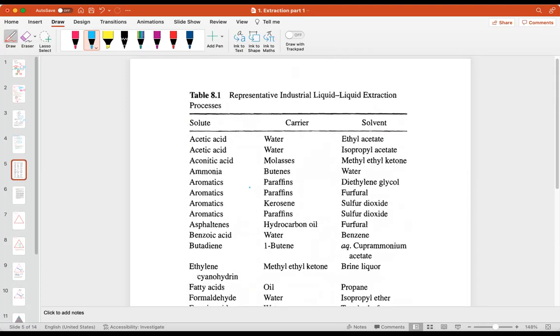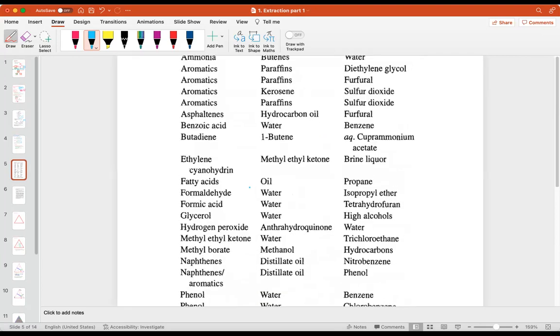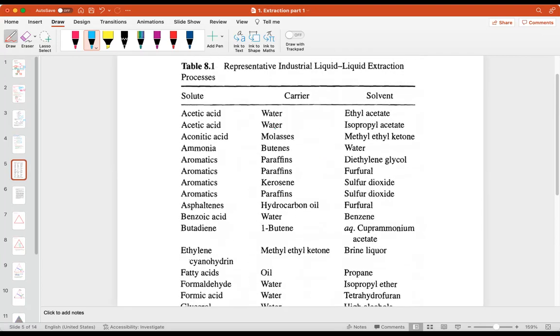The industrial liquid extraction process. It is very well established. It looks like distillation, especially for hydrocarbons. For example, when we have a solute in water and want to recover the acetic acid, we can contact it with ethyl acetate, and the acetic acid will transfer into the ethyl acetate.